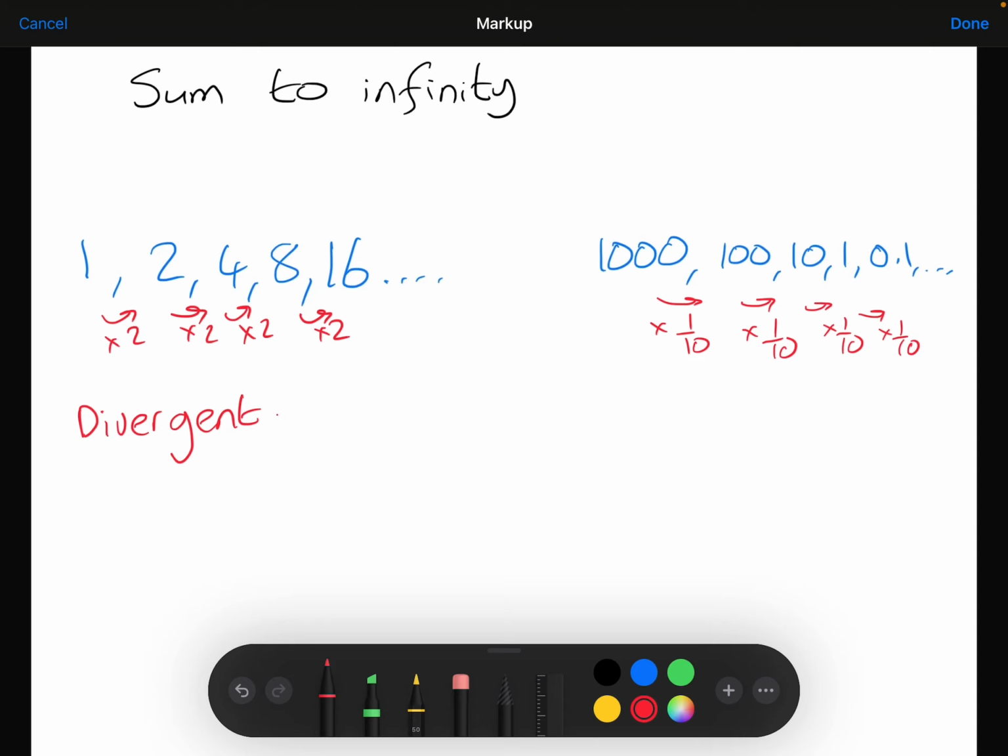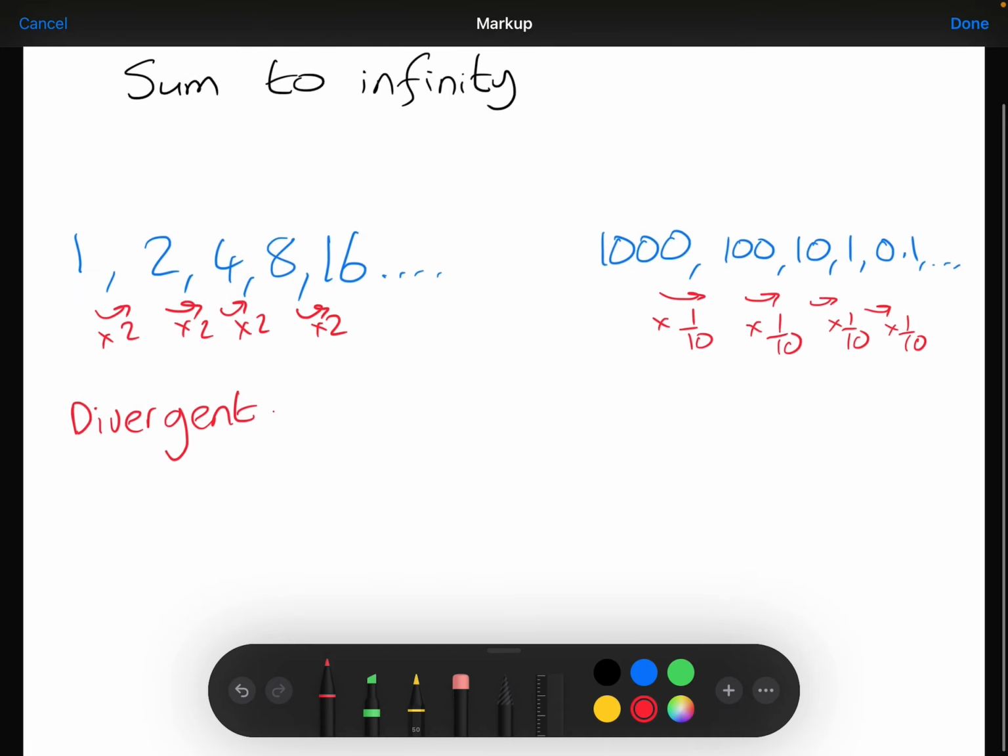So whilst I cannot literally sit here and keep on adding numbers for infinity's sake, because I know that those numbers are getting so small that they're barely going to change the size of the numbers I've added previously, I can say that the sum to infinity is going to converge to a number.